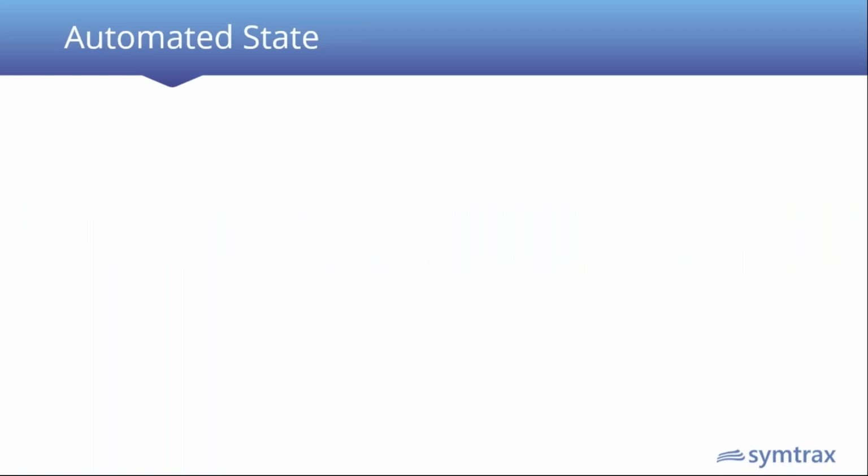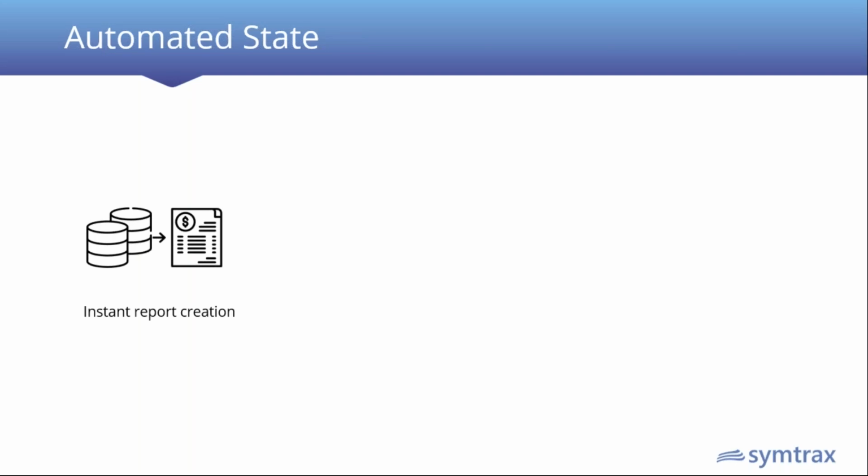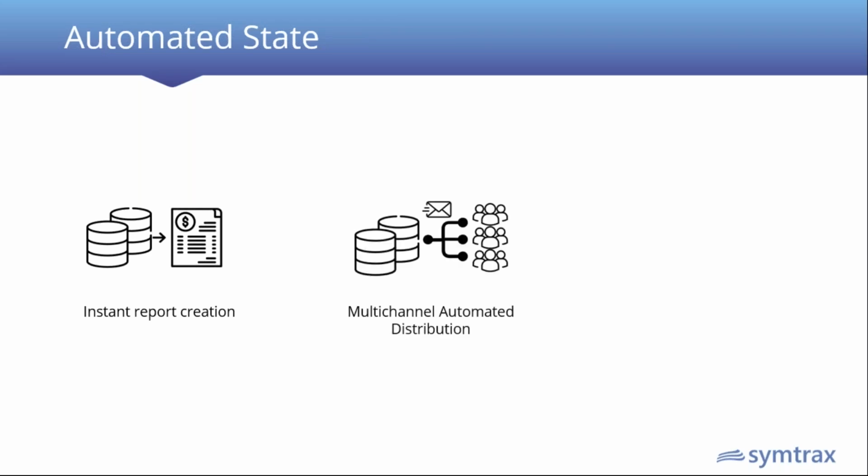Today, in this webinar, I would like to share with you how things can be automated, how things can be streamlined for your processes. You can have an instant report creation with a single click or with a scheduled creation. You will receive your report according to what format you want, when and where you need it.